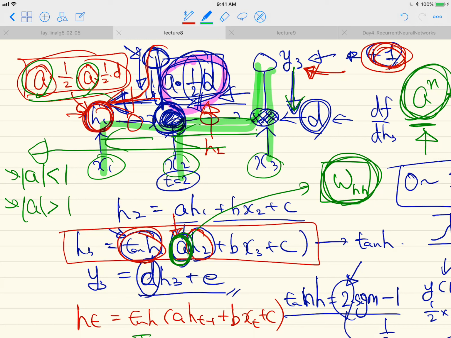If you remember, we considered the gradient corresponding to H1, right? But now, what about the gradient corresponding to H2? In this case, the gradient will be just this guy, A and 1/2 and D, right?